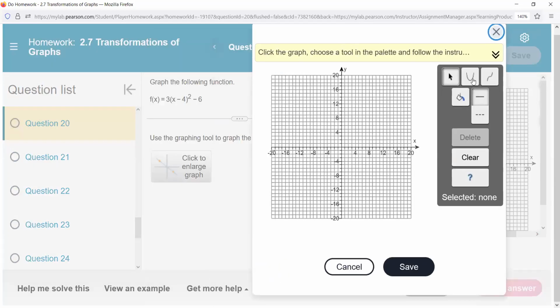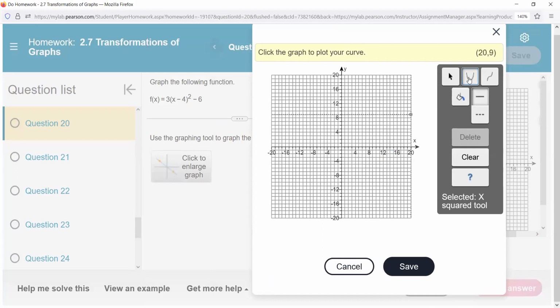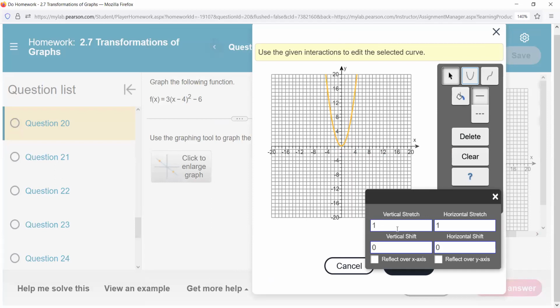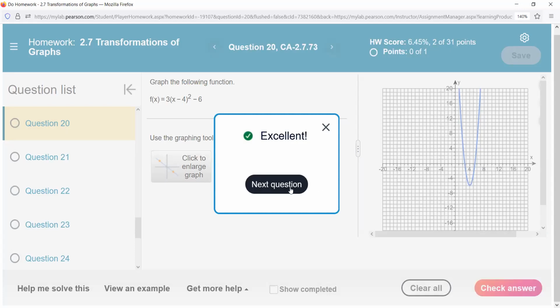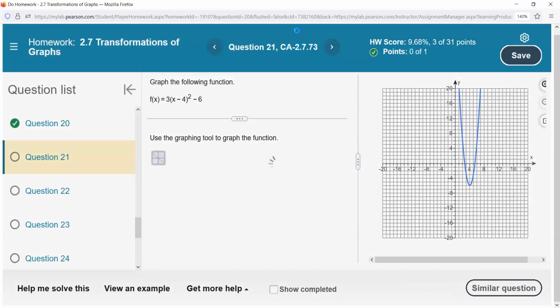The basic function is x squared. So the graph has been vertically stretched by a factor of 3. And it's been shifted 6 units down and 4 units to the right. There's no reflection of any type. So let's save this. And that's it. Okay, so let's go back.